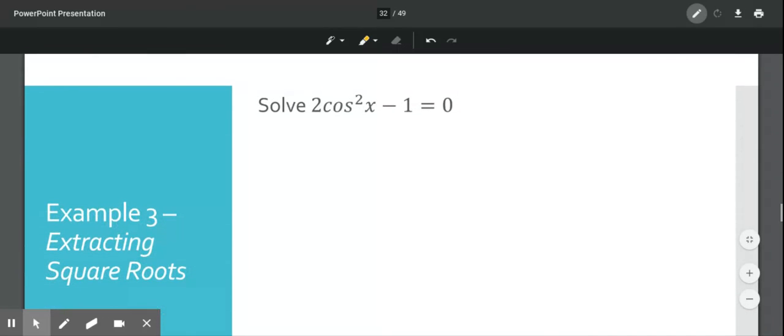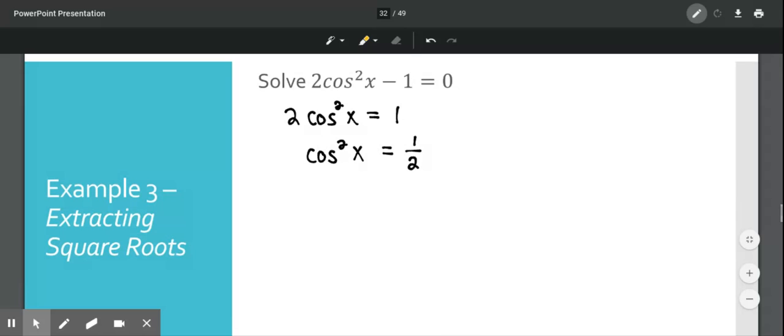So looking at this next one, we have a cosine squared. We don't have a cosine, so it doesn't look like a true quadratic equation where you have your ax squared plus bx plus c. So if we, again, could just isolate that trig function, we could say that we have 2 cosine squared equals 1, or cosine squared equals 1/2.